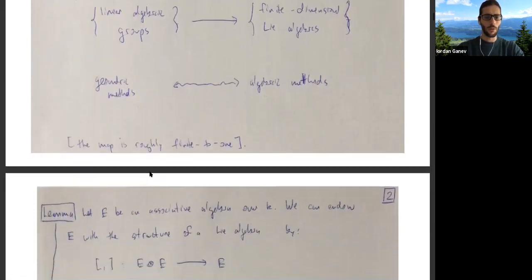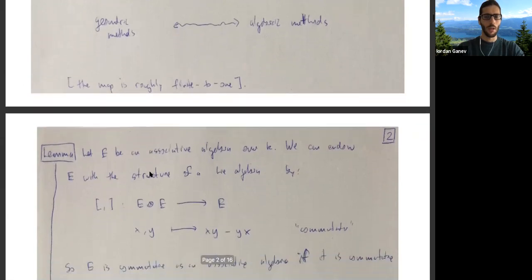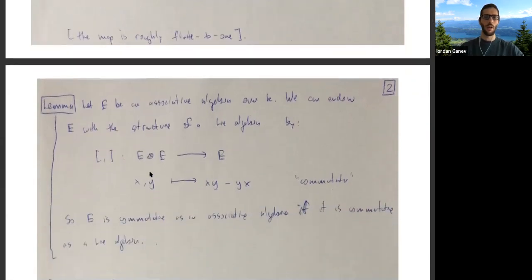First of all, some more facts about Lie algebras. Anytime we have an associative algebra, we can produce a Lie algebra in a somewhat stupid way. If we have an associative algebra, let me call it E, since I wanted to reserve A for commutative associative algebras, so E is just some associative algebra, not necessarily commutative, then it has the structure of a Lie algebra in the following way.